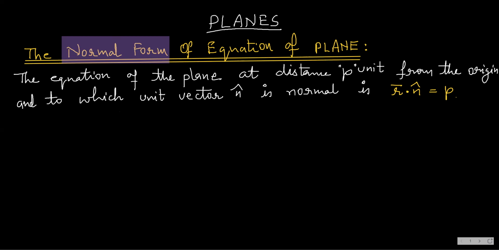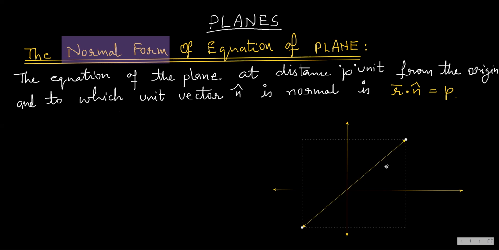Now in this, what happens is the equation of the plane at distance p unit from the origin. So you will have origin somewhere, right? So think this is z axis, this is y axis, and here we have x axis.